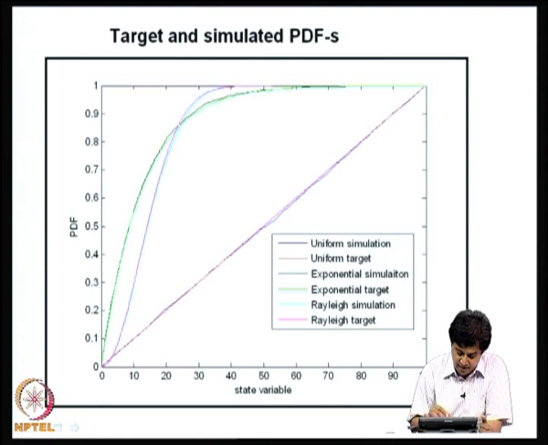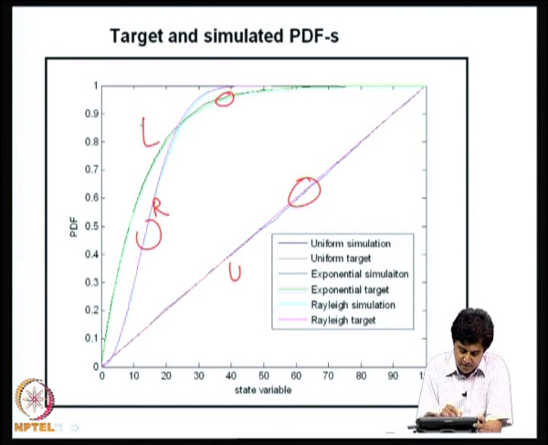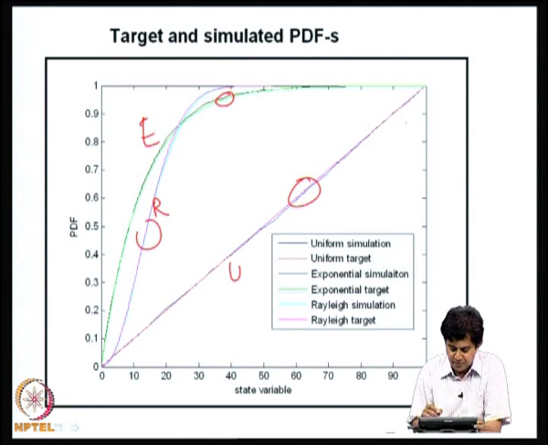So, the red and the blue is the simulation result for uniform, the red and blue match well, here pink and cyan and green and black. This is Rayleigh, this is uniform distributed, this is exponential. So, again you can see that the empirical probability distribution function and the target probability distribution function are in good mutual agreement.